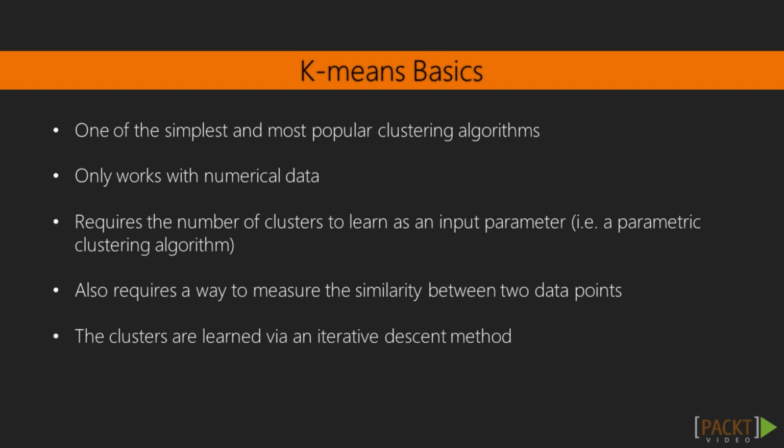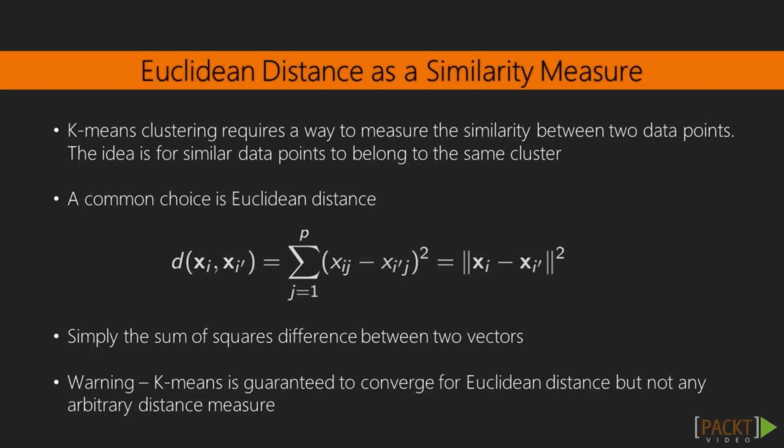The algorithm learns these clusters via an iterative descent method. We will be using Euclidean distance as our k-means distance measure. The Euclidean distance between two vectors is simply the sum of the squared difference between the corresponding elements of the two vectors. K-means is guaranteed to converge with this distance measure.